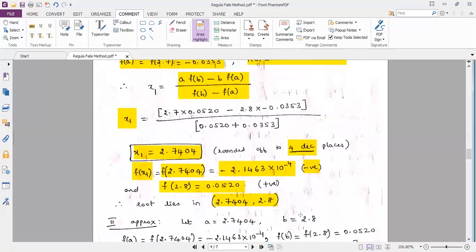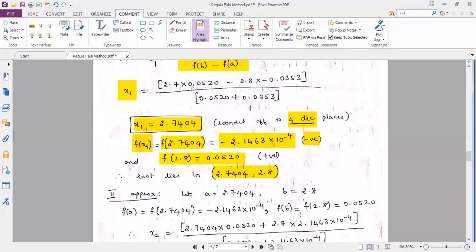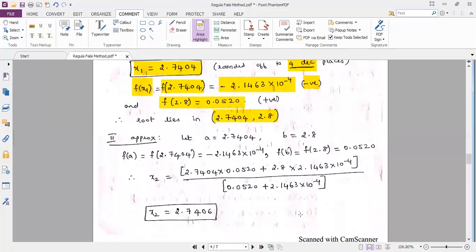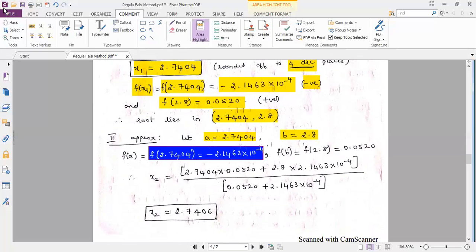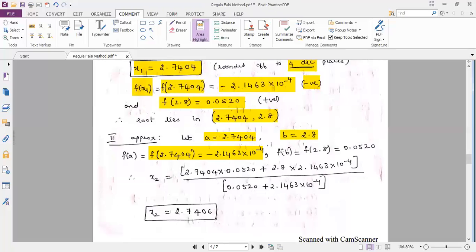Now with these values of A and B, we will perform the second approximation. So let us denote A is equal to 2.7404 and B as 2.8. We have already obtained F of A, that is F of 2.7404, as minus 2.1463 into 10 power minus 4. And F of B is already obtained, which is F of 2.8, 0.0520.